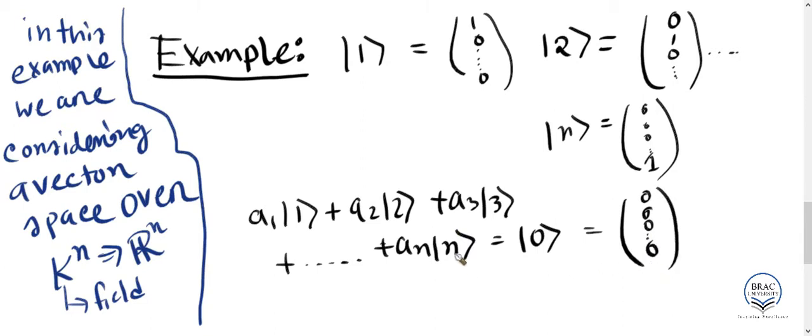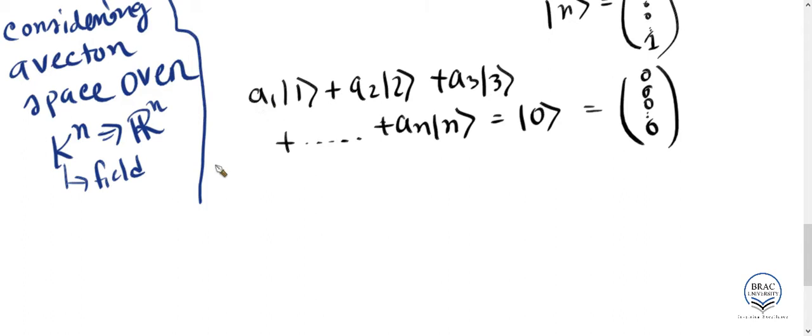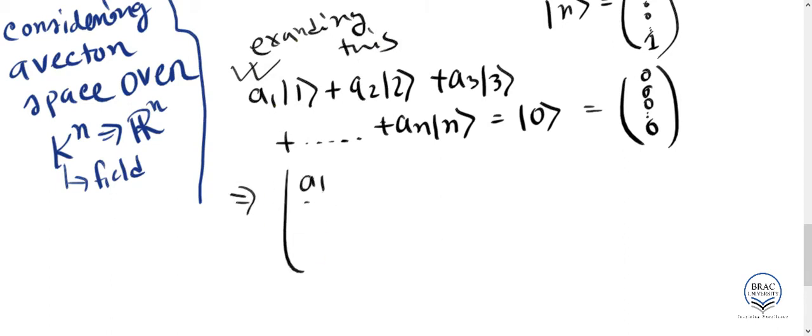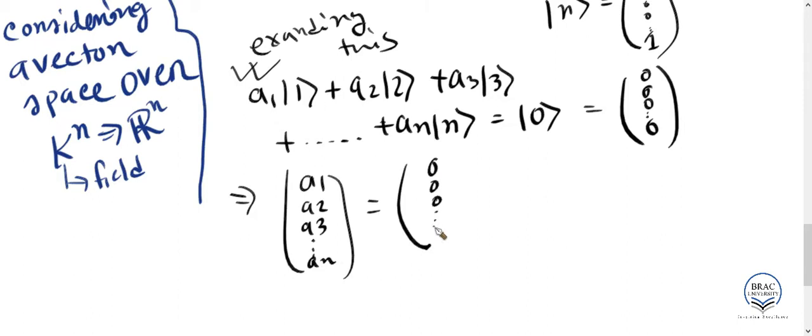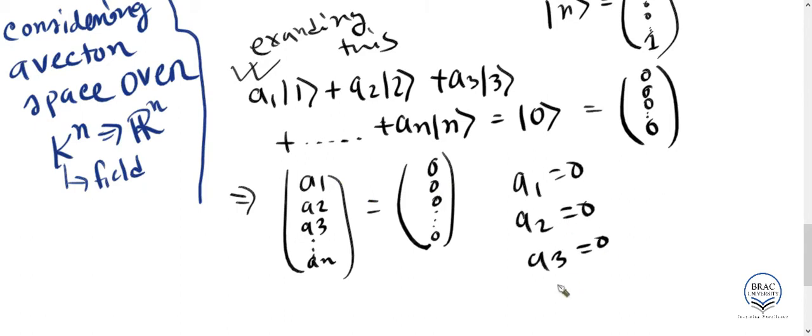So expanding this gives us a1, a2, a3, dot dot dot, an equals 0, 0, 0, dot dot dot, 0. So from here we can conclude that a1 is 0, a2 is 0, a3 is 0, and so on.